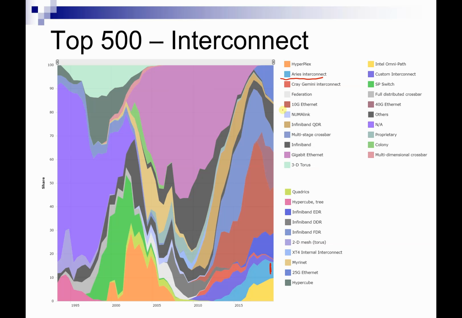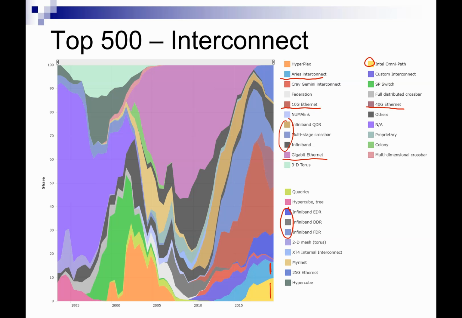Also, a lot of computers use Ethernet, either 10G Ethernet or gigabit Ethernet. You also have lots of different flavors of InfiniBand, and we have more InfiniBand down here. Oh, and there's Intel OmniPath, which is down here. And we have 40 gigabit Ethernet over here.